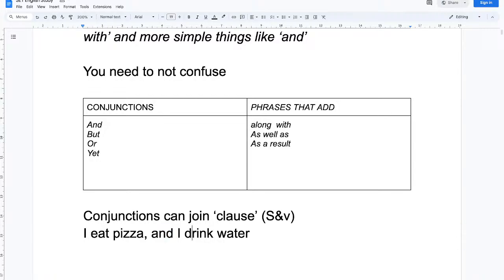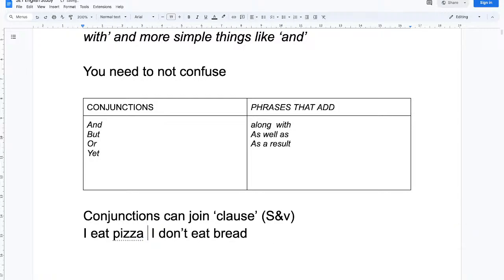Or I could say, "I don't eat bread." Okay, I could say this as well. Again, we have a subject here and a subject here. Two clauses, subject, verb, conjunction. I could say "but" here if I want, right?